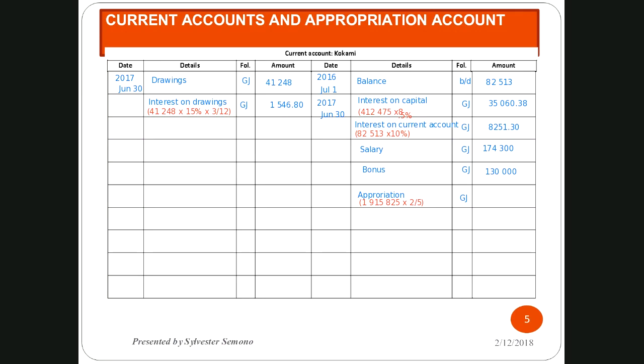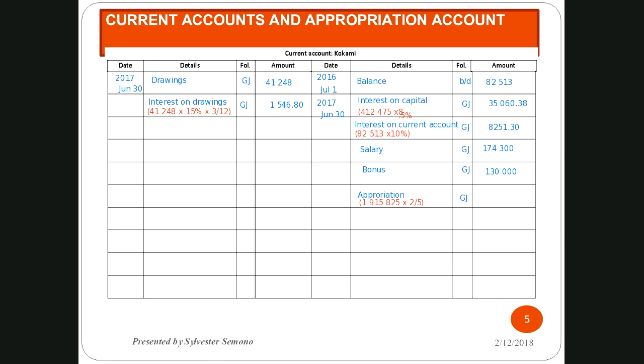766,330 plus 130 plus 174,300 plus 251.3 plus 35,060. Can you double check this?